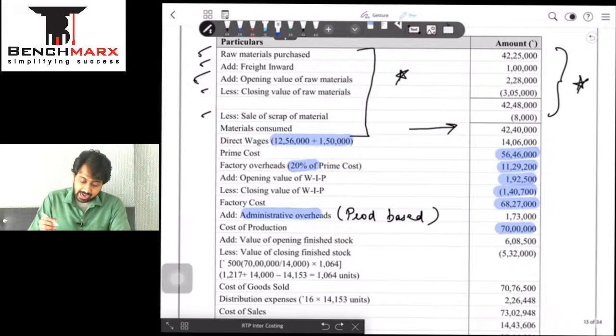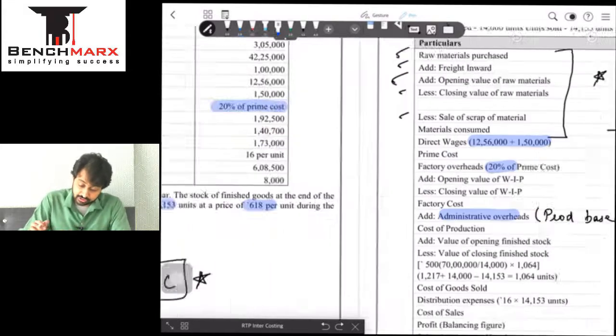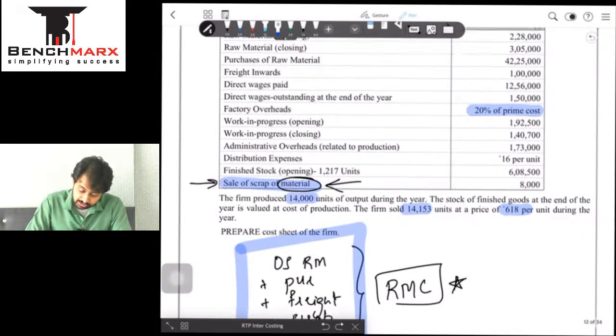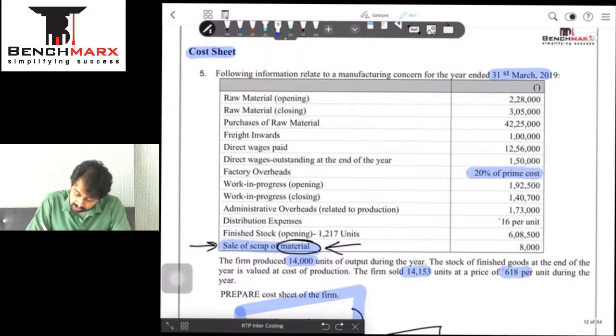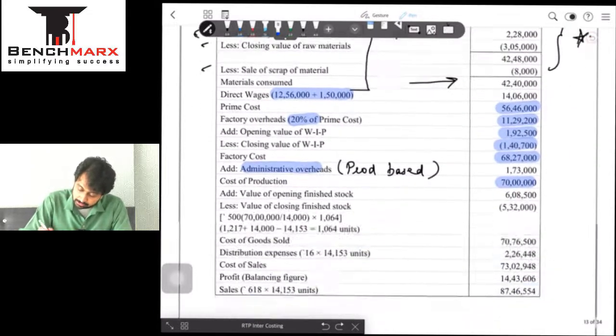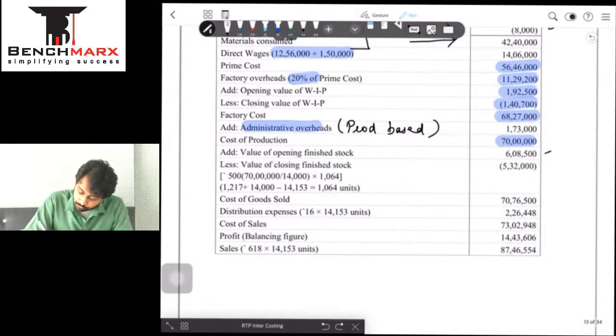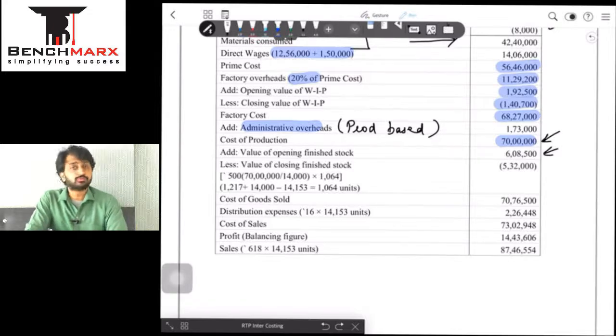From COP I will add opening stock of my FG. Is the opening stock of my FG given to us? This 608,500 will come here as opening directly given to us. Now, then closing stock. Now if 70 lakhs is the cost of the goods produced, what is the cost of closing stock quantity?